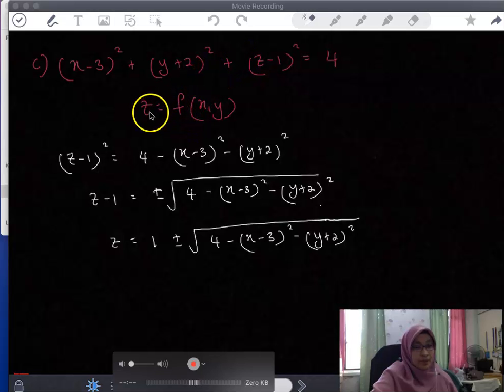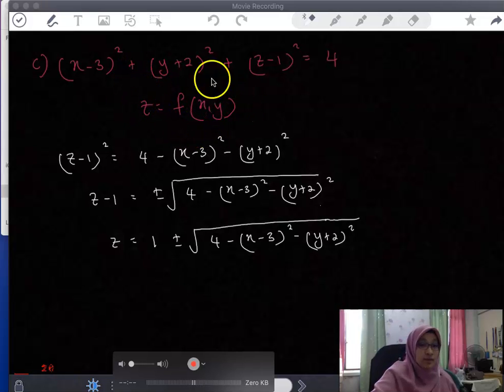In order to find the domain and range, you have to rewrite it into this form. You bring everything to the right side and leave the z alone. First you bring all the terms, this term and this term, to the other side. So you have 4 minus (x minus 3) squared minus (y plus 2) squared.